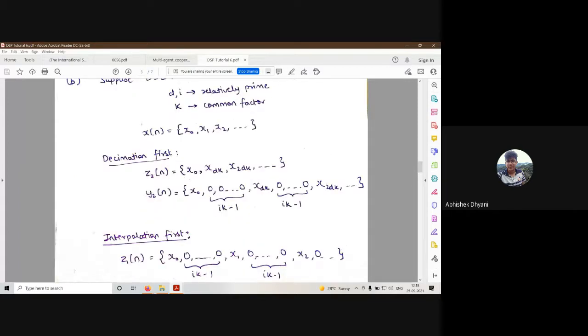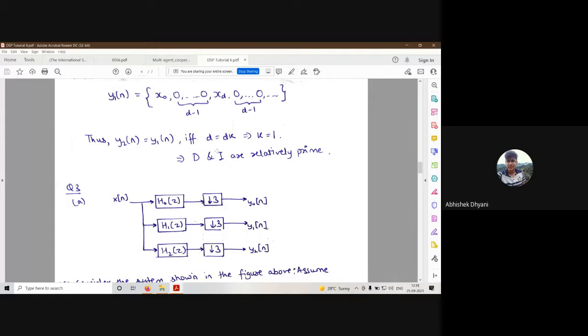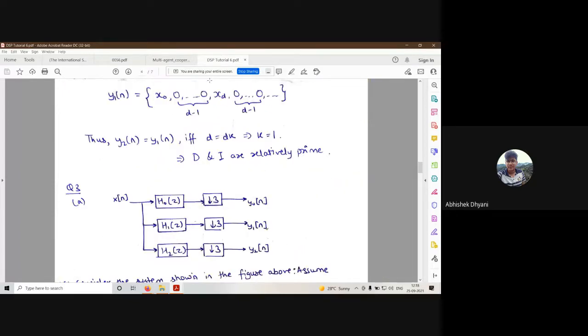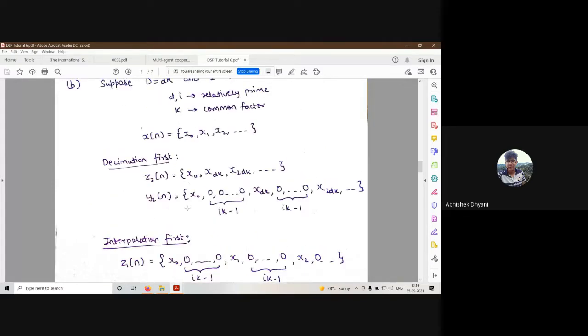Now we can compare y2n and y1n, and we can see that these two are the same when this xd. So after x naught, we get a non-zero value at xd in y1, and in y2 we have a non-zero value at xdk index.